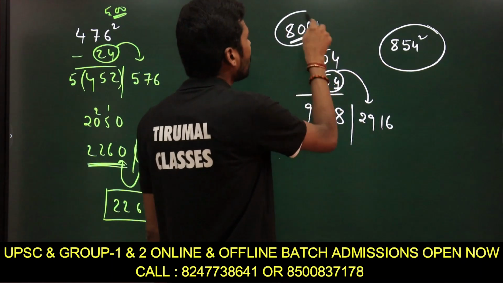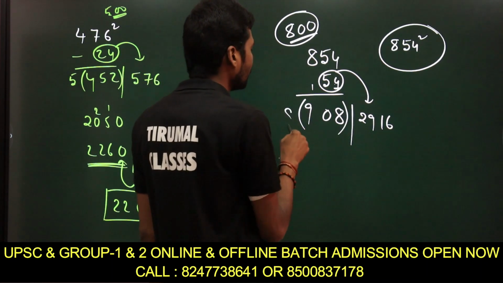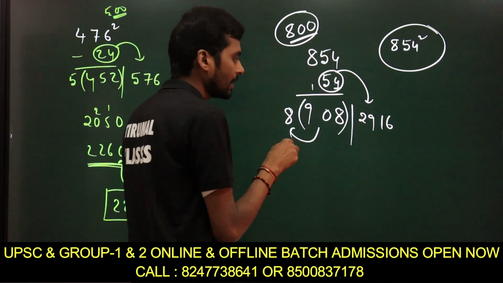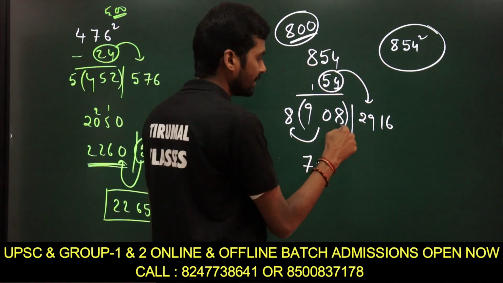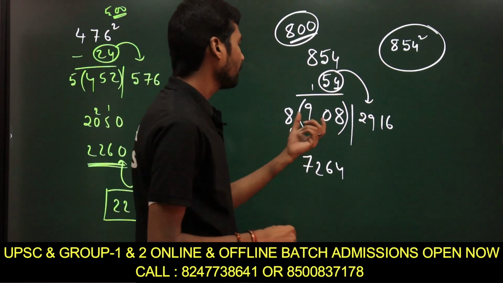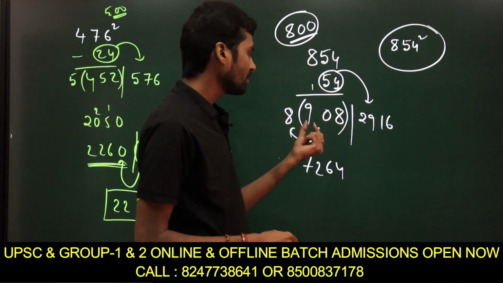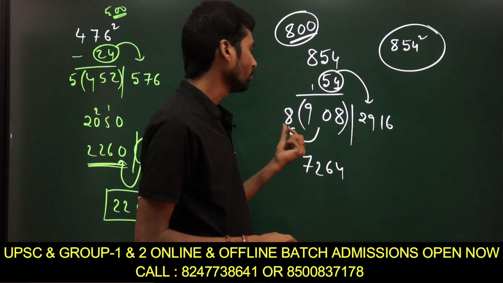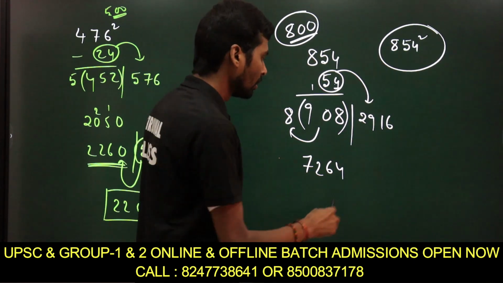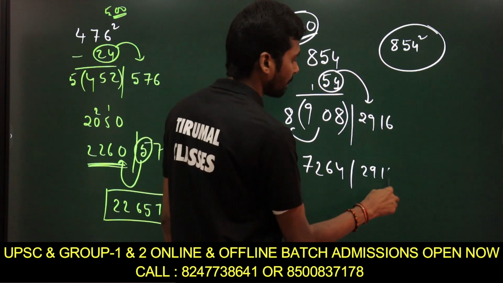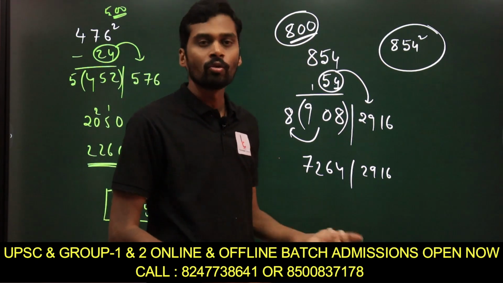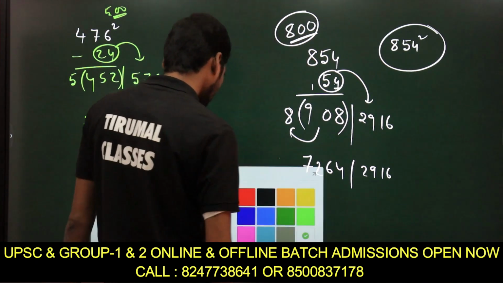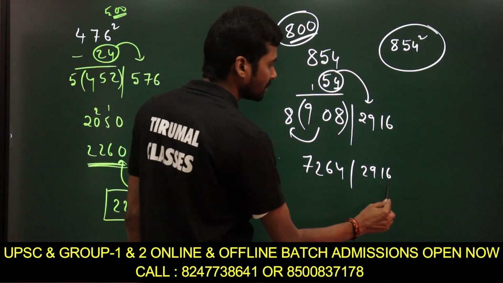And now first you have to multiply the left side part with which number? 8. So when you multiply 908 into 8, 8 9s are 72, 8 8s are 64. So 7264, right? Again how many zeros do I have in the base value? 2 zeros, which means I should have only 2 digits.